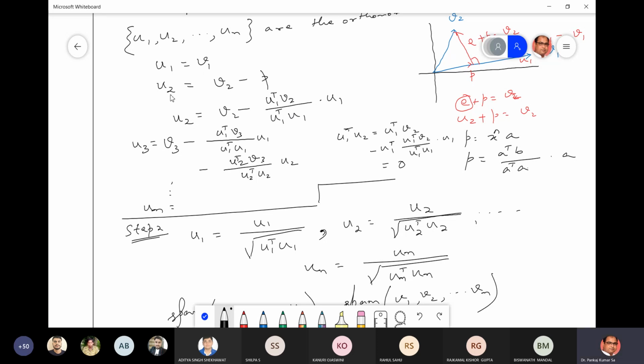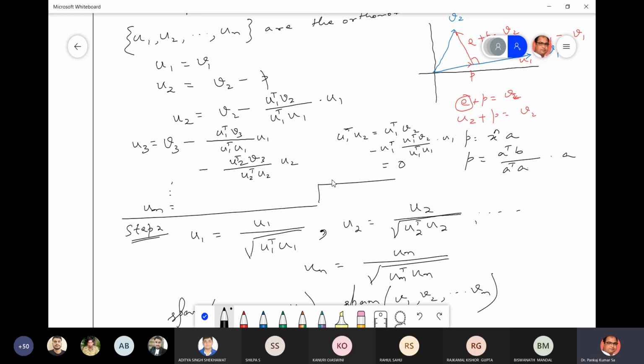Similarly, u3, is this not a linear combination of v3? u1, u2, u3 up to un, these are all the linear combinations of their counterparts v1, v2, v3, vn.